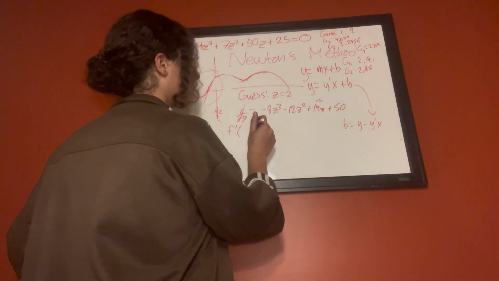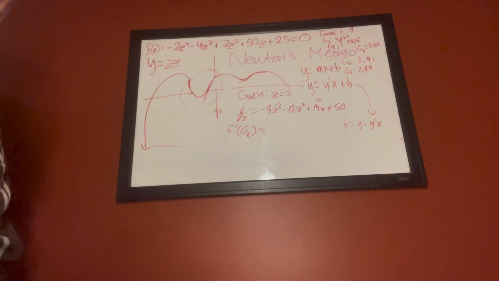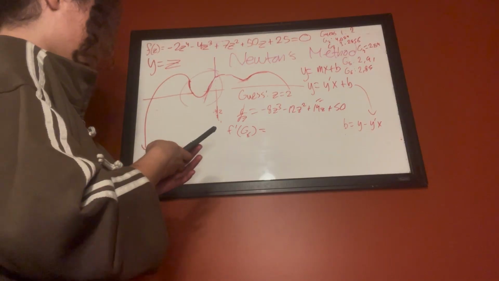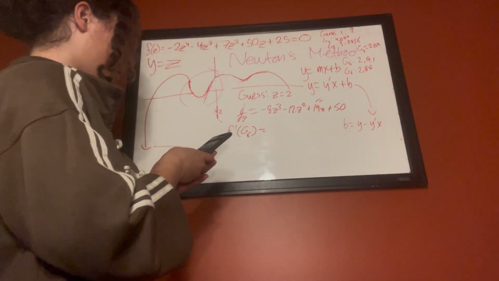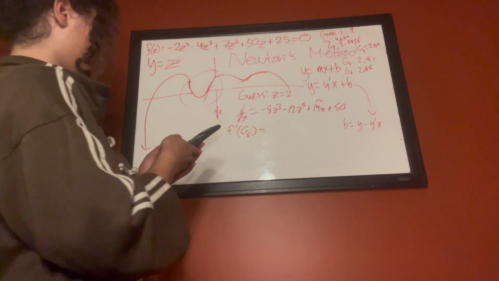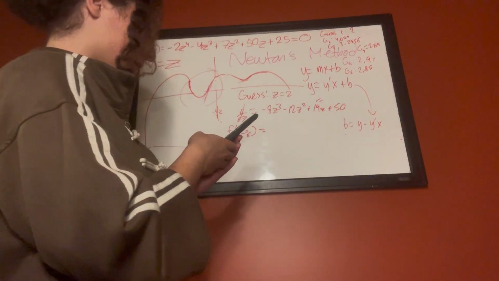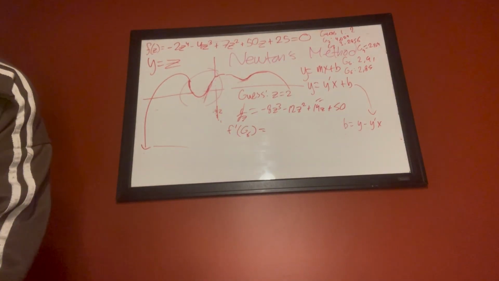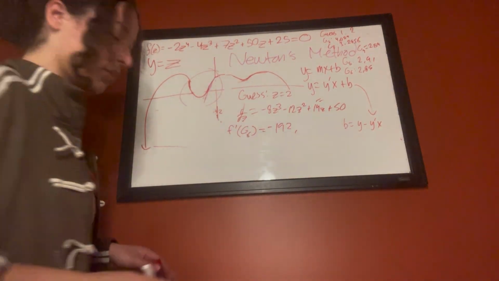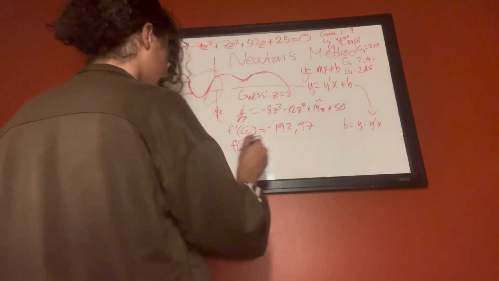So f prime of g6 is, so this cubed times minus 8, minus 12 times 2.85 squared, plus 14 times 2.85, plus 50. It gives me minus 192.97.